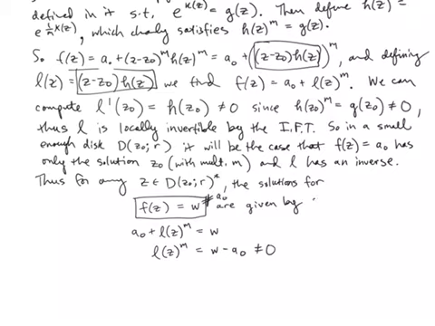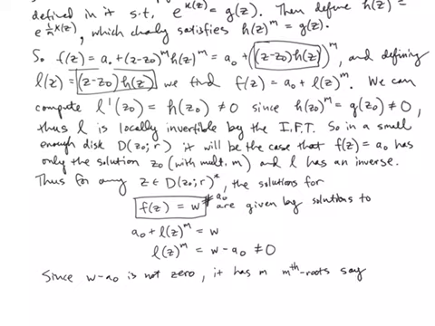So I guess it's given by solutions of, since w minus a naught is not 0, it has m-th roots, say psi 1 through psi m.